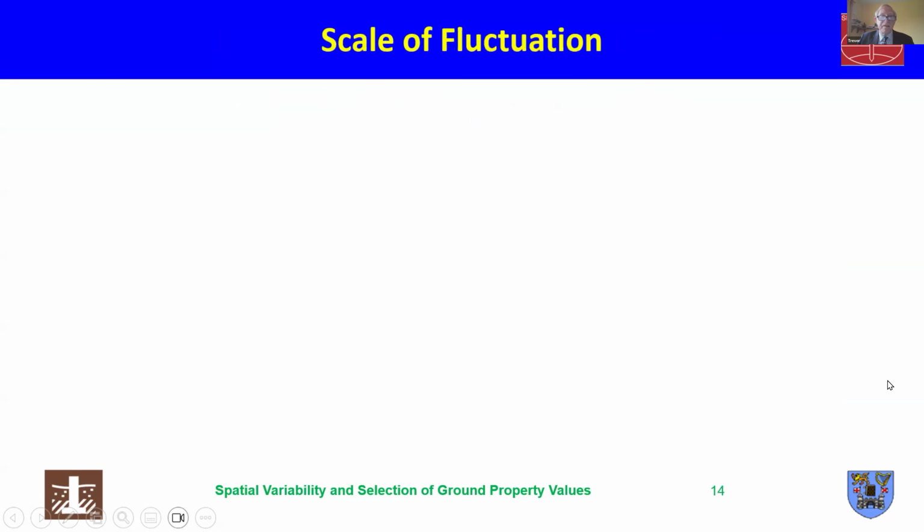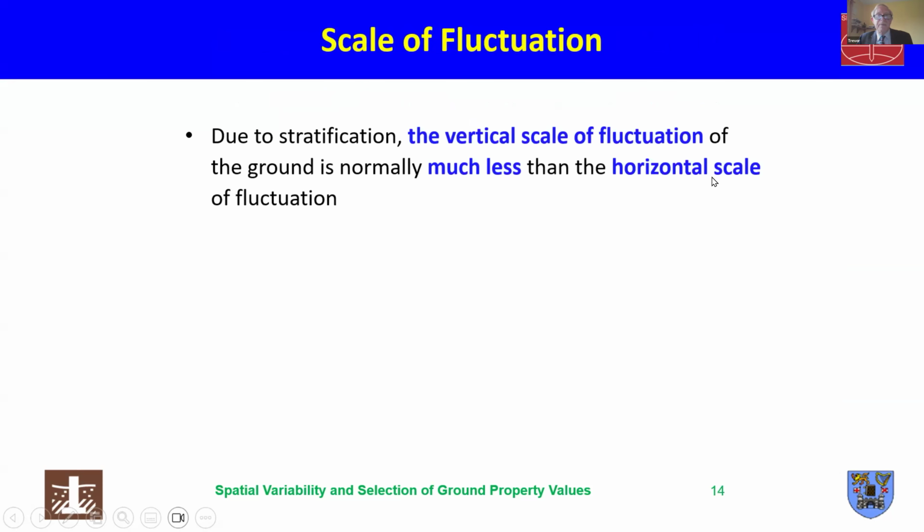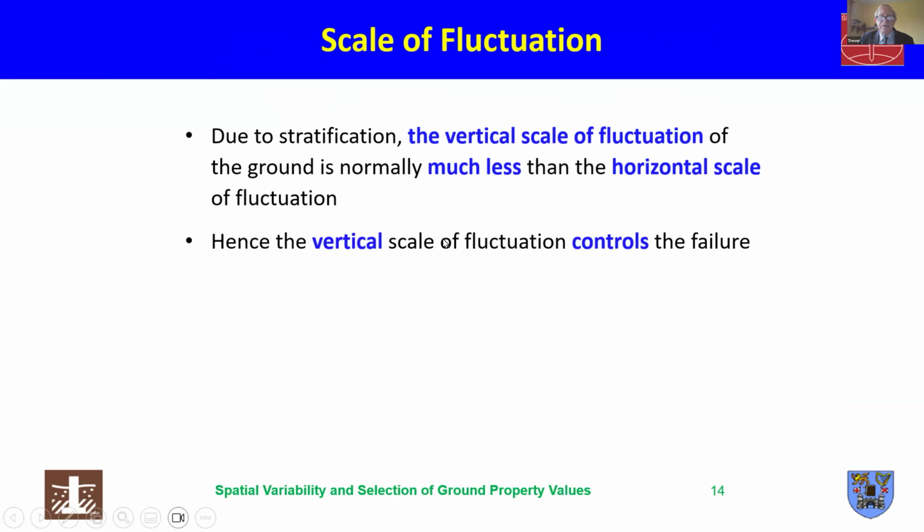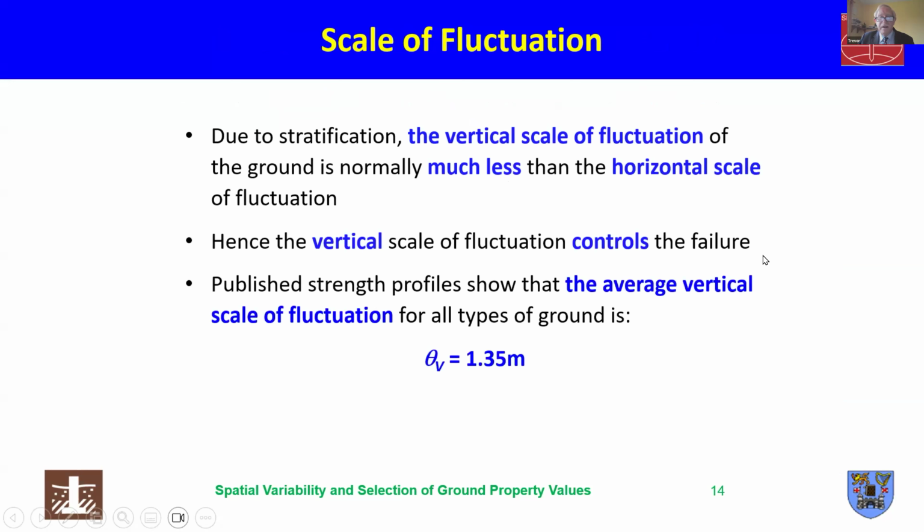So if we plot this, or talk about the scale of fluctuation: due to stratification, the horizontal scale of fluctuation of the ground is normally much larger than the vertical scale of fluctuation. Hence, the vertical scale of fluctuation controls the failure.